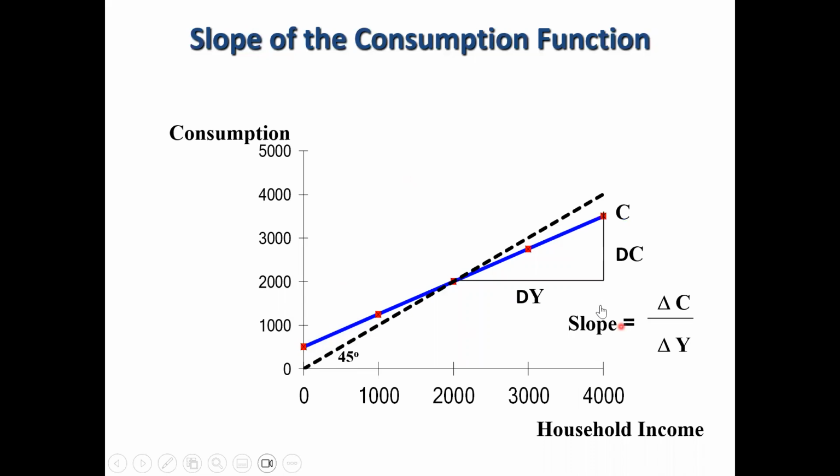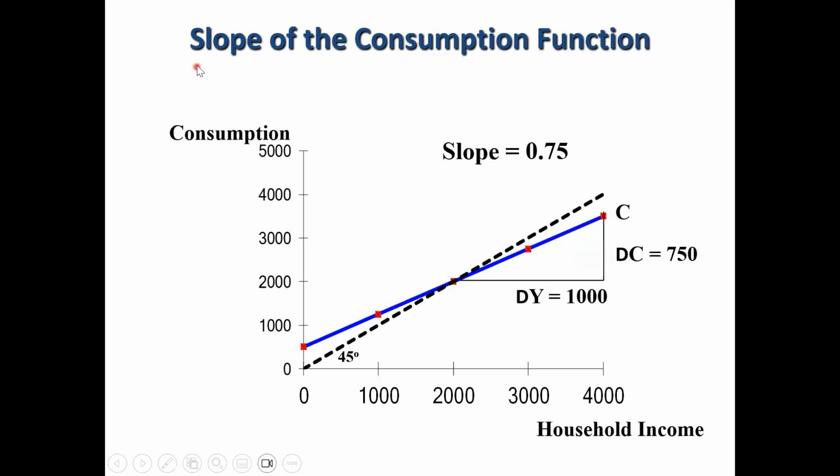In order to get the slope, it's the change in C over the change in Y. We can calculate the slope by change in consumption over change in income. So the slope here is equal to 0.75, and the slope is the marginal propensity to consume.